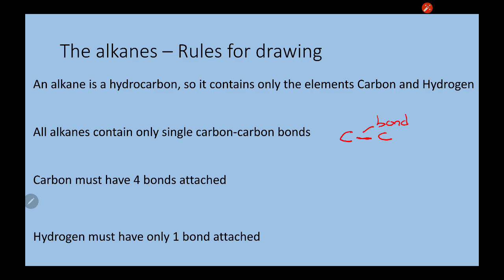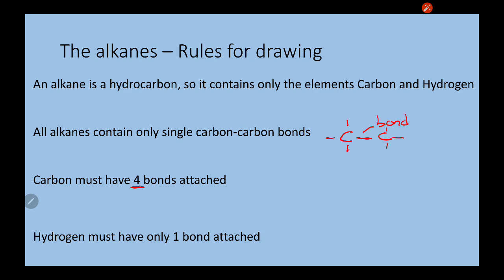Alright. Now, there are a few rules. All alkanes contain only single bonds, which means that for alkanes, you should only see single lines separating these things. You shouldn't see any double or triple lines. All carbons must have 4 bonds attached, and again in unit 1 you'll learn why that is, which means that in the alkanes each of these carbons must have 4 lines coming from it, like that.